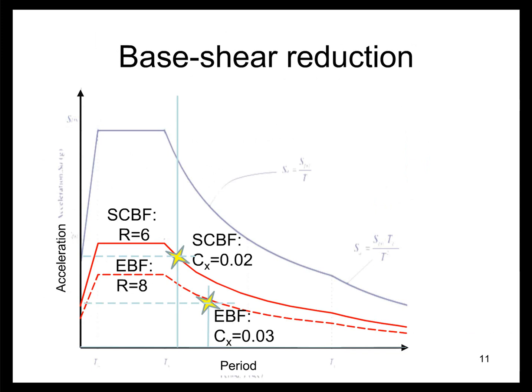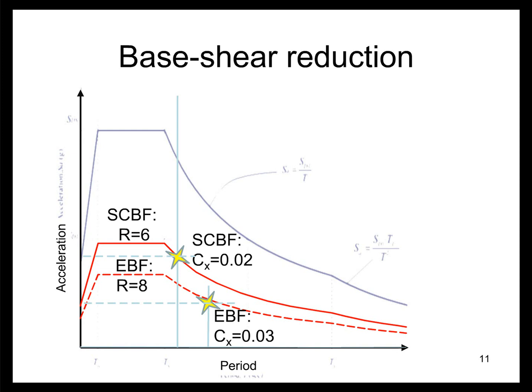So in this diagram here, the solid red line would be a code constructed spectrum for the special concentrically braced frame with an approximate period drawn in for a particular height of the structure. So using the code equations with an approximate period, you would get a fairly high base shear for the special concentrically braced frame, the SCBF.